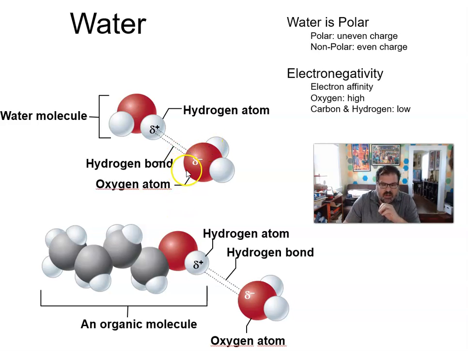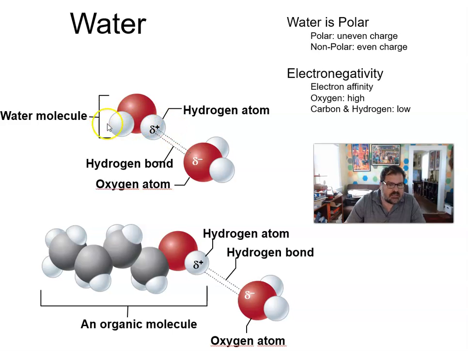So the oxygen side of a water molecule has kind of a weak negative charge. And then the hydrogen side of the molecule, you've got those two protons that are sitting out there that are, of course, positively charged. And the electrons are spending most of their time hanging out with the oxygen. So that side of the molecule builds up a weak positive charge.